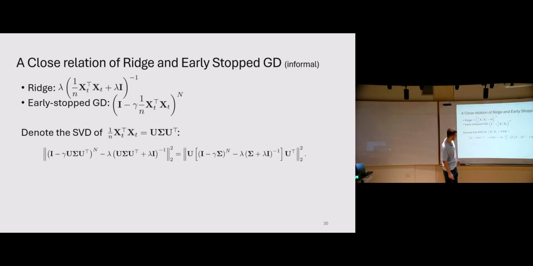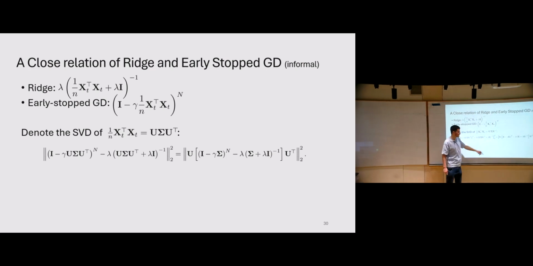So what you essentially want to do is to minimize the distance between the two matrices, let's say in the spectral norm. Let's denote the SVD of 1 over n X X, and by some algebraic simplification, you get this.